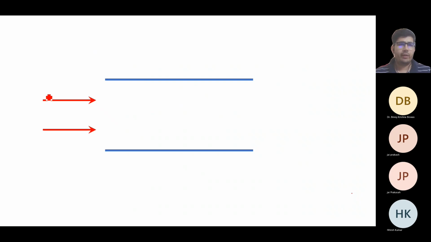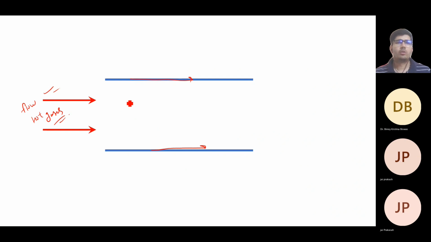So if you have a flow of hot gases, you can say this is the pathway. So gases are flowing in between this. So we can develop a system. We can use these high temperature hot gases to generate electricity.